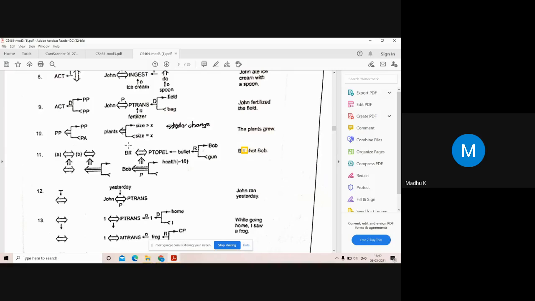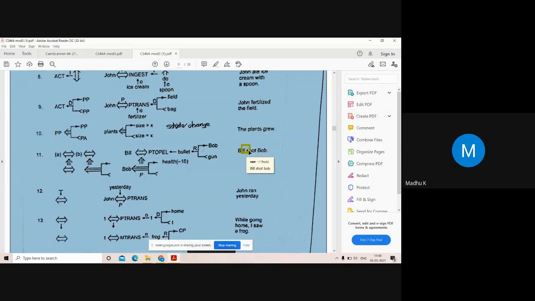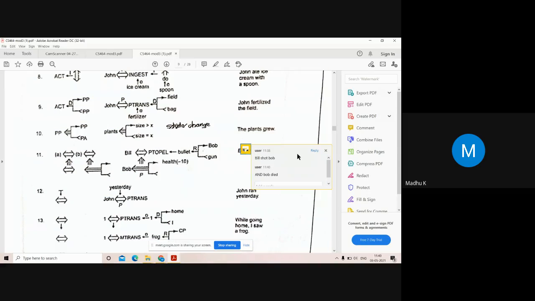So you want to represent "Bill shot Bob" using this. Then "he died" is there. Bob died. That concept is represented in this way, here health minus 10. This is just a way of representing, just like a rule. So if you want to express died, then you should express it in this way.